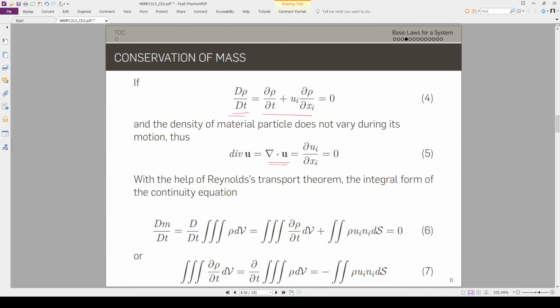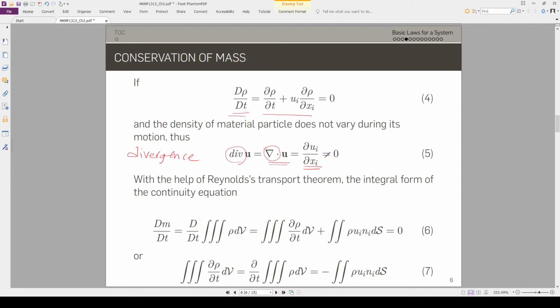Dot here refers to the dot product. So this nabla dot u is also called the divergence. In some textbooks you may find it written as div, which refers to divergence. This is also equivalent to ∂u_i over ∂x_i.